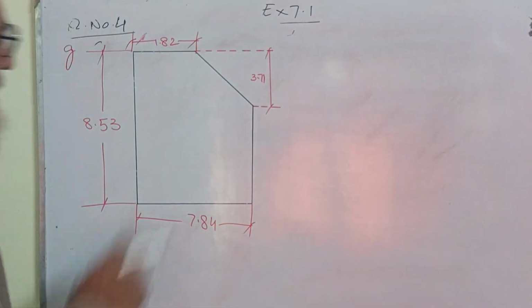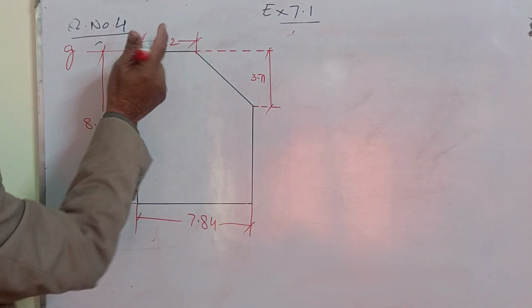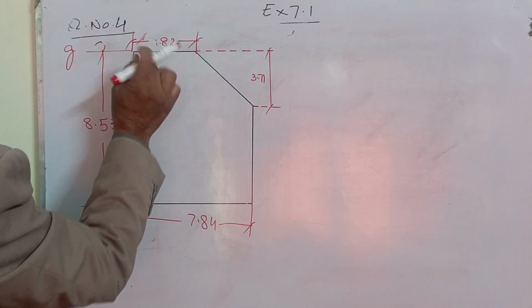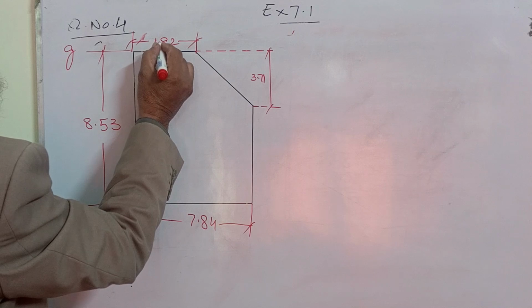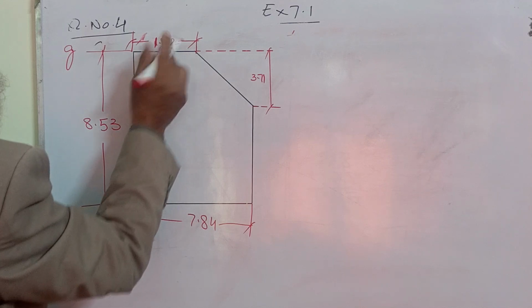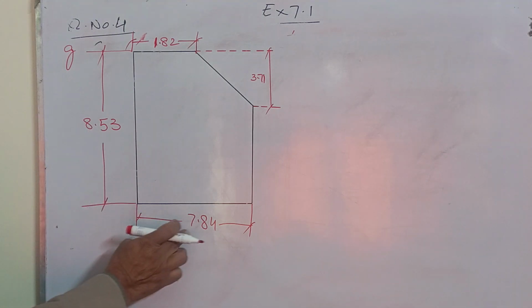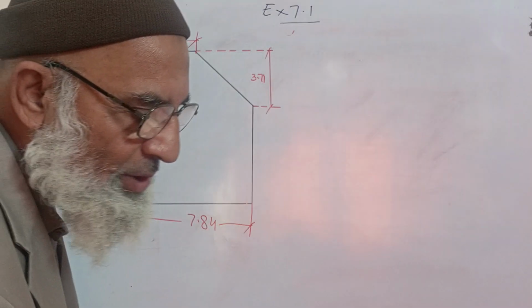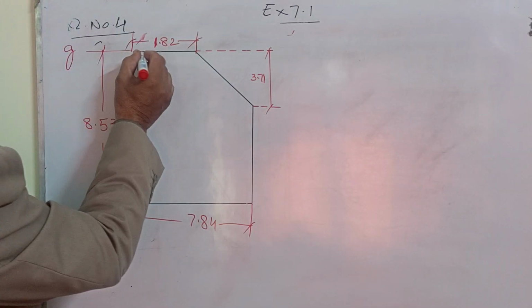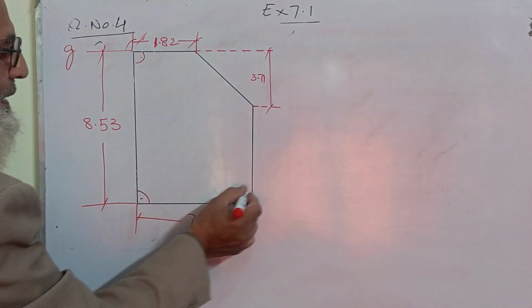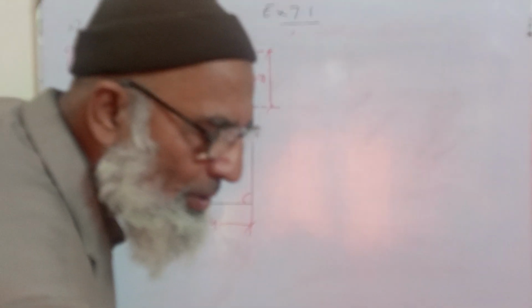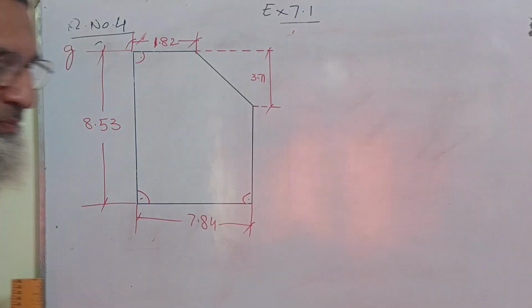All the dimensions are given. You see that this is 1.1 point. You can also look at your book: 1.82, 3.71, 8.53, 7.84. And the rest of the things are given, that this right angle, this right angle and this right angle. Nothing else is given now.